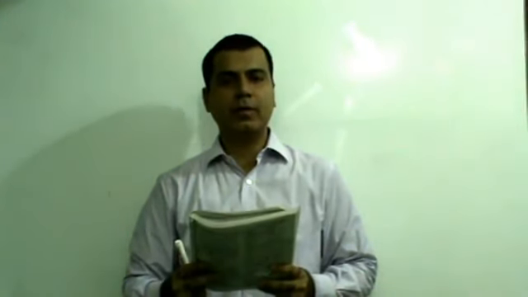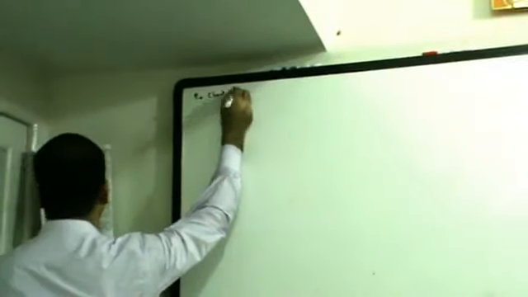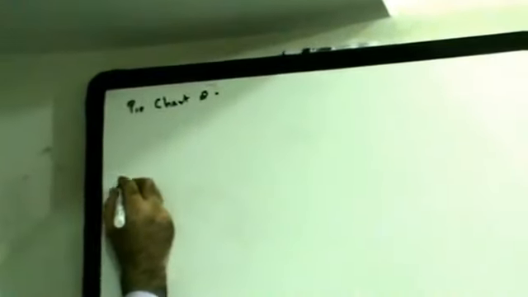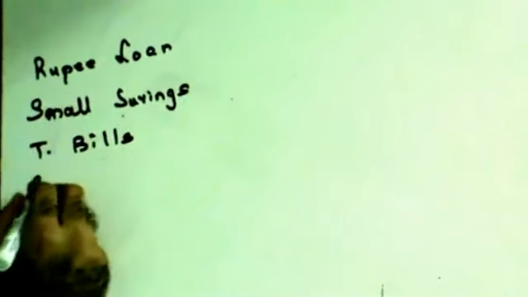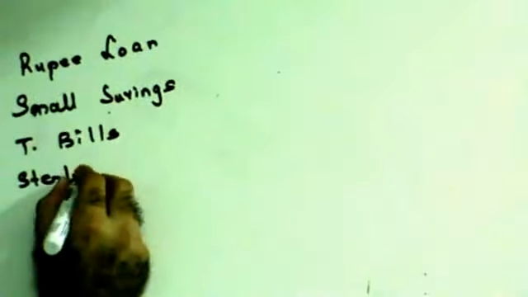I'm Sunil Mirwani and today we'll be doing this exercise called pie chart 2. They've given you the Government of India's debt position. They've given you rupee loan, small savings, T-bills, and sterling loans.